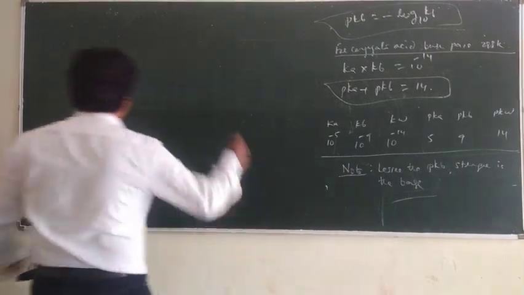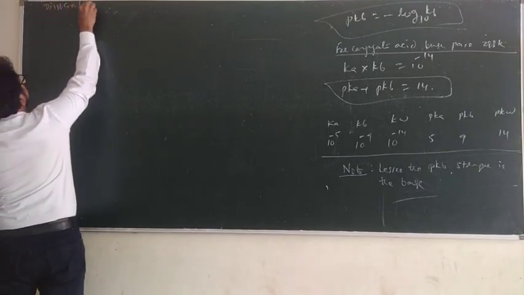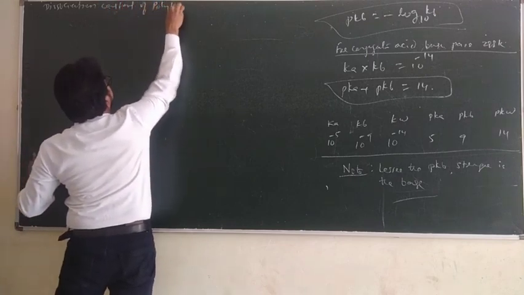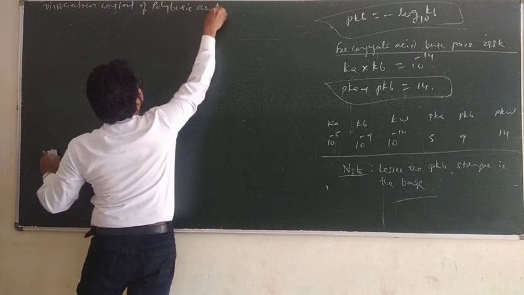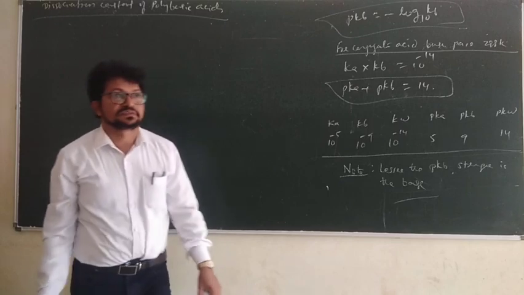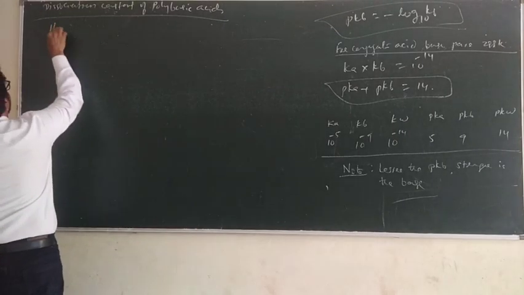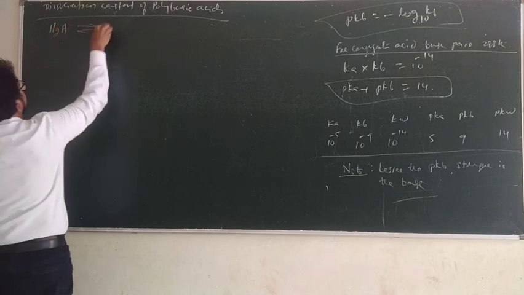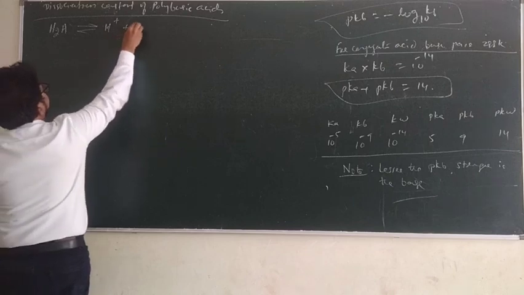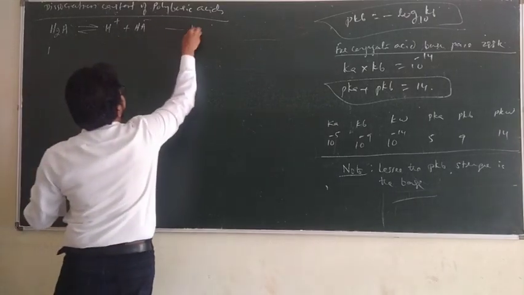Next one is dissociation constant of polybasic acids. So far I have discussed only monobasic acids like acetic acid. Now for example, a polybasic acid H2A dissociates into H plus and HA minus. You call this Ka1.